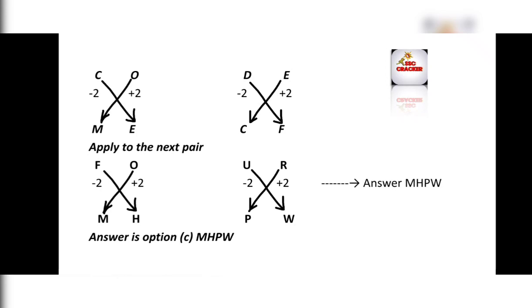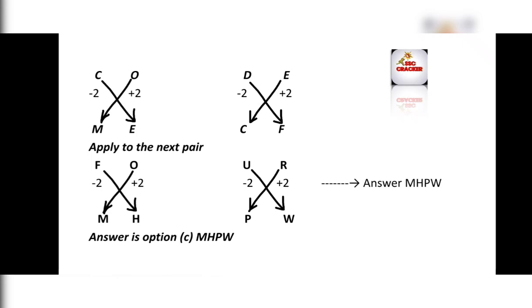Next step is to apply the relationship to the second pair. Firstly, divide each word into groups containing two letters. That is, FO is one group and UR is another group. Then start cross addition and subtraction. F plus 2 equals H. Be careful in this kind of question. The letter we got is not the first letter, it's the second letter.